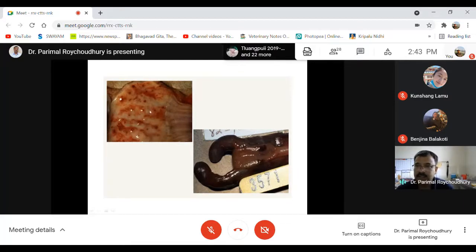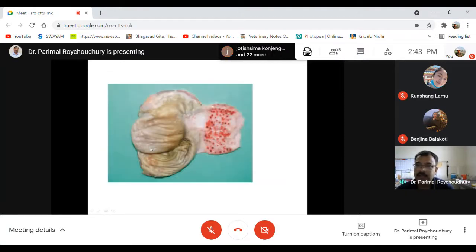These are the cecum, and this is the cecal tonsil. I hope you understand the cecal tonsil. This is an important part where we can detect the virus at postmortem. This is the proventriculus. This is another picture of the proventriculus where it's showing the typical signs: apical hemorrhage at the proventriculus. This is the gizzard. So this is some sort of pathognomonic lesion for NDV.